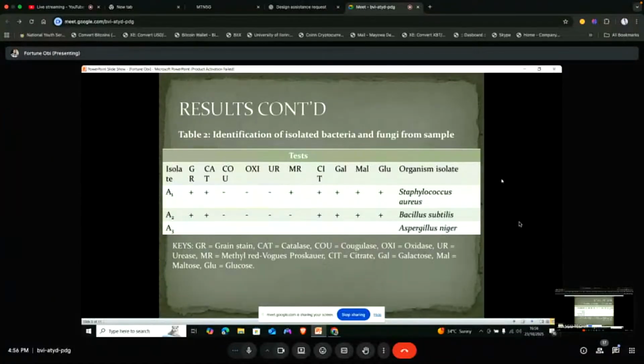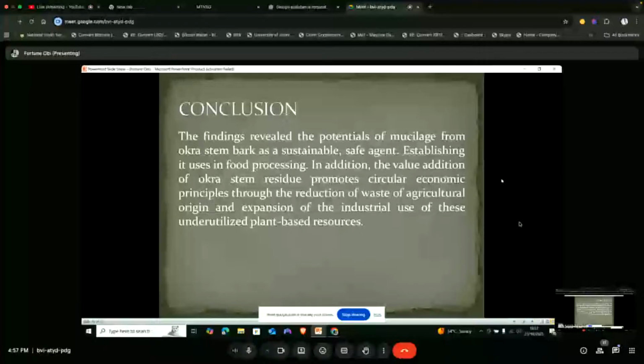And for the identification of isolated bacteria and fungi, we were able to isolate and determine some of the specific microorganisms present in the okra stem bark mucilage, which were Staphylococcus aureus, Bacillus subtilis, and Aspergillus niger, based on the tests that we took. The okra stem came back as a sustainable food agent, establishing its uses in food processing.